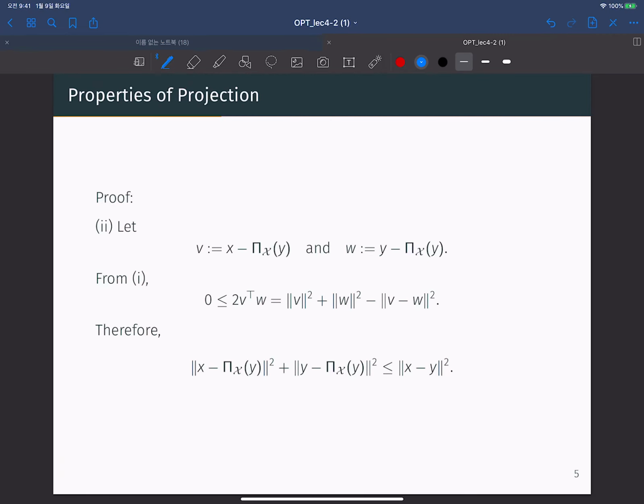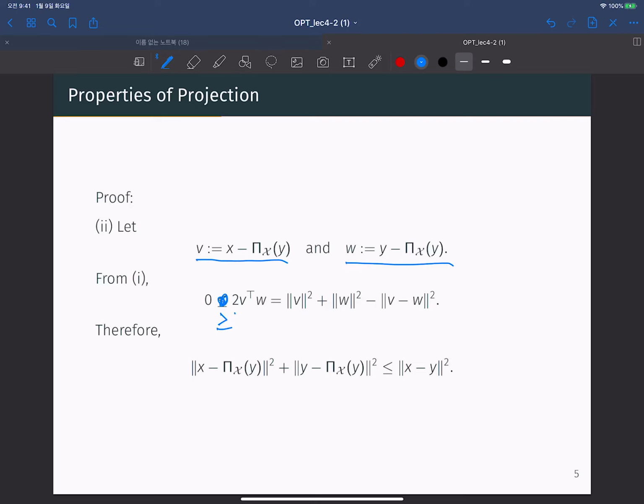The second property can also be very easily shown. Let's say v is this vector and w is this vector. From property 1, we know that the inner product between v and w is negative.